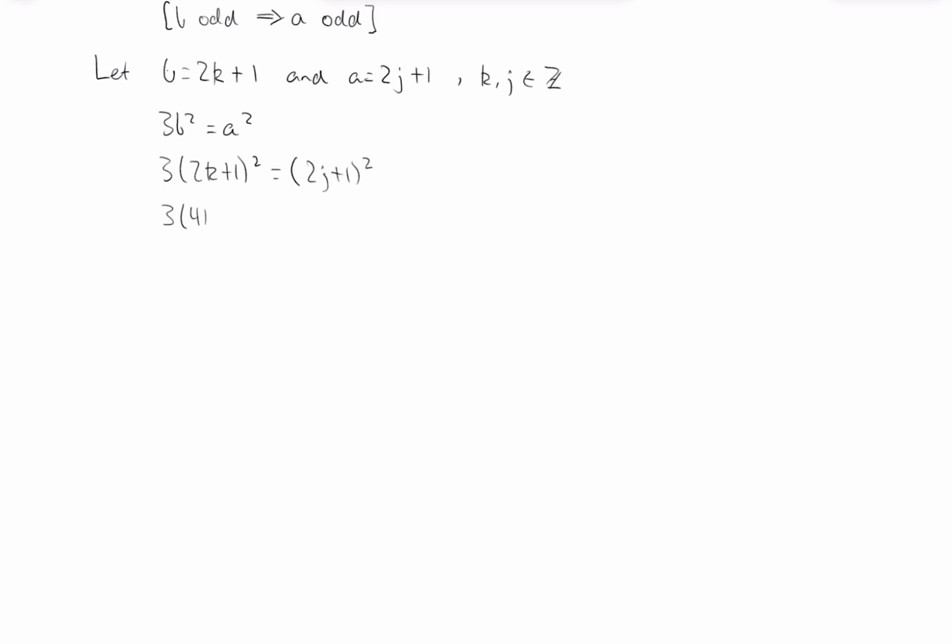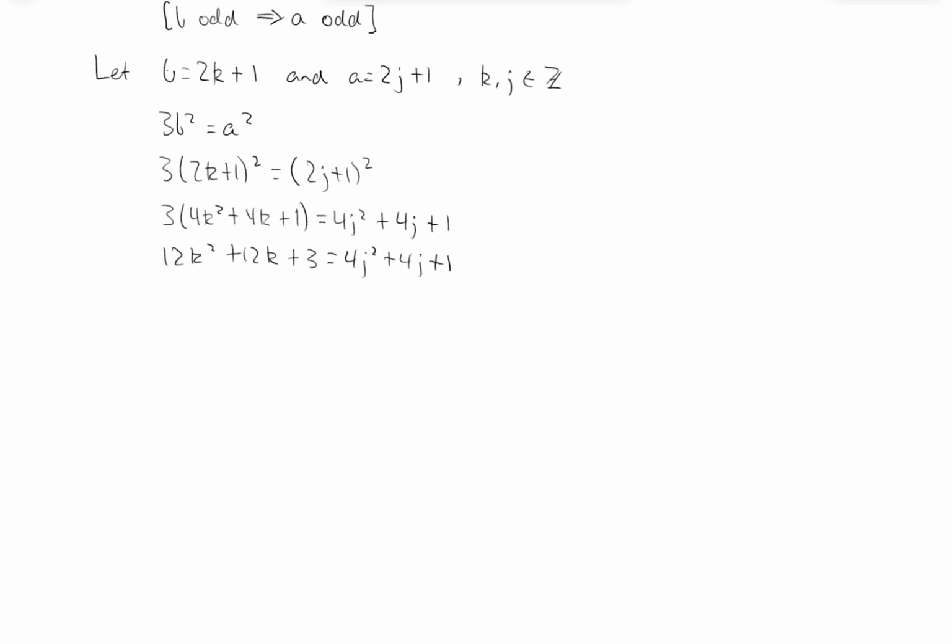You get 4k squared plus 2k plus 2k, so plus 4k plus 1, and that would equal 4j squared plus 2j plus 2j plus 1. And I'll just expand the left-hand side. You get 12k squared plus 12k plus 3 equals 4j squared plus 4j plus 1.